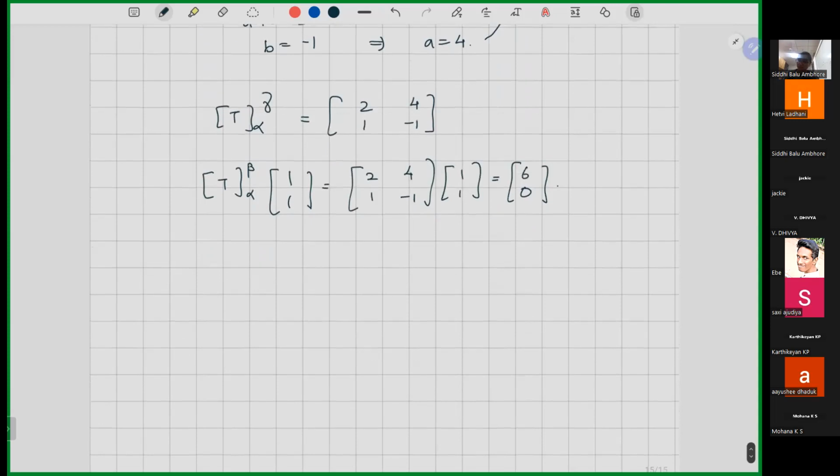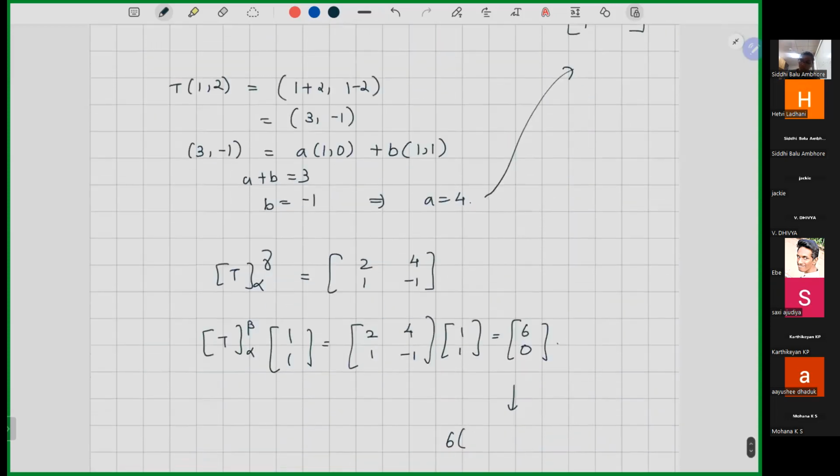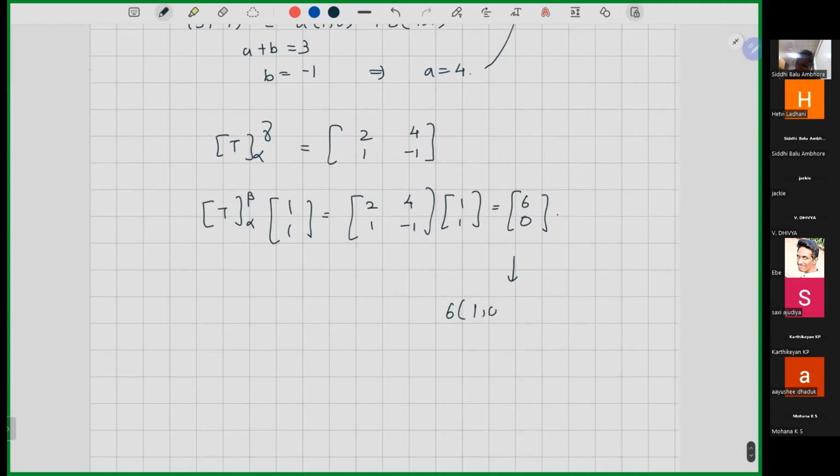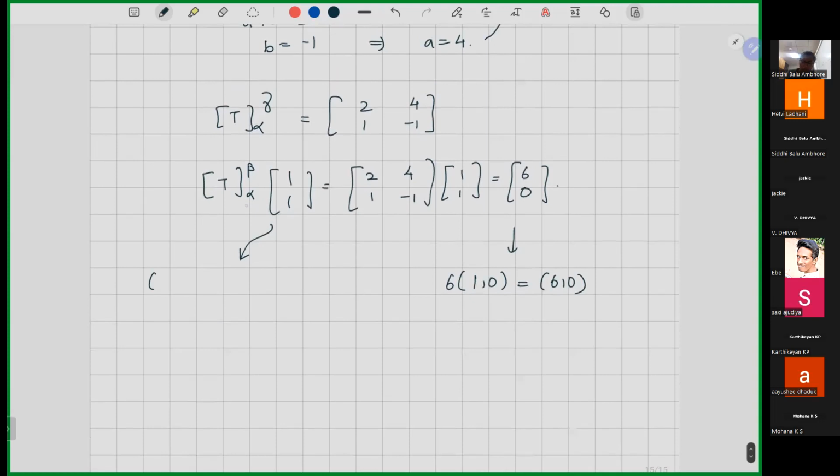Corresponding to this element, what we have in W is 6 into 1 comma 0 in gamma, which is 6 comma 0. But it is not the image of 1, 1; we are now in alpha.